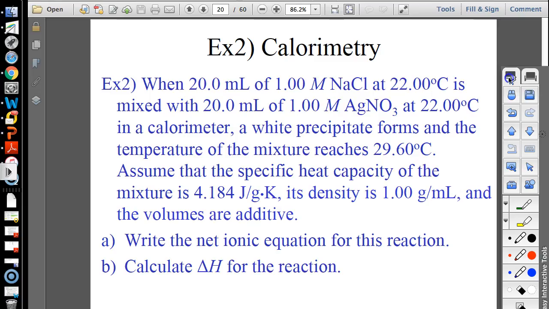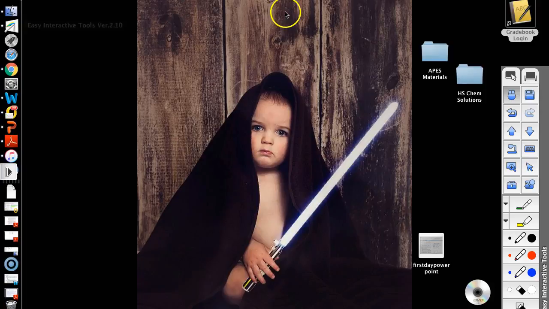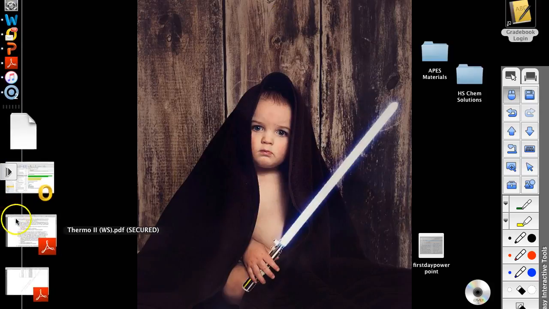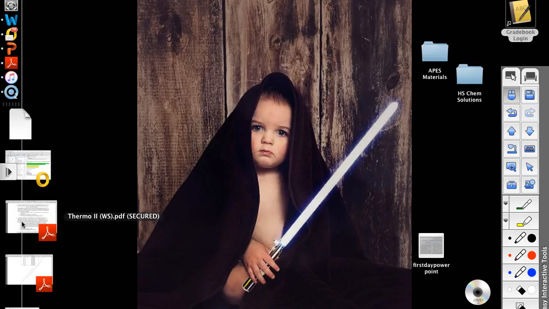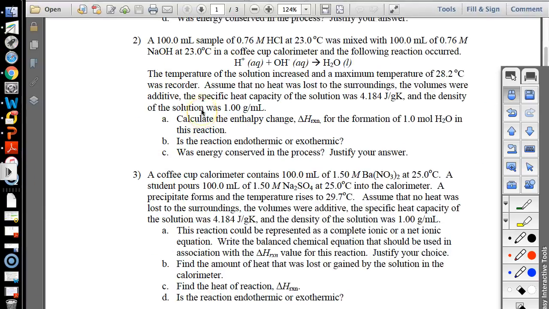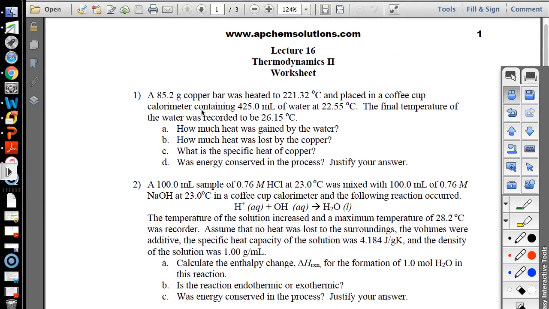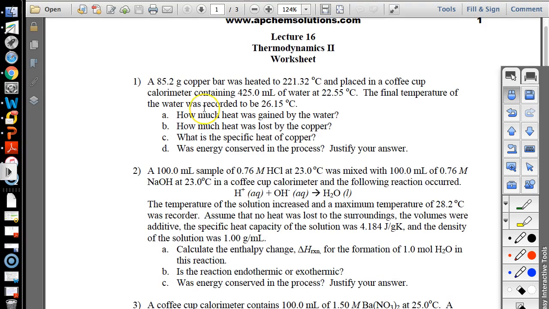If you don't have your computer out, I'll pull them up for you. Or for the people watching at home. Lucky dogs. I feel bad for them. Do y'all feel bad for them yet? I'm sorry if you're not here. So go ahead and try out numbers 1 and 2.